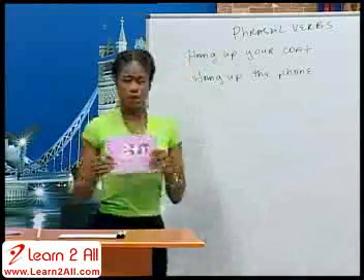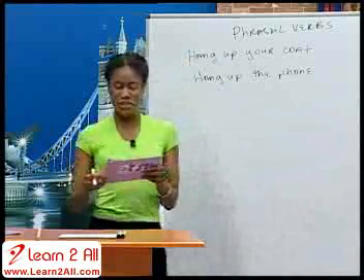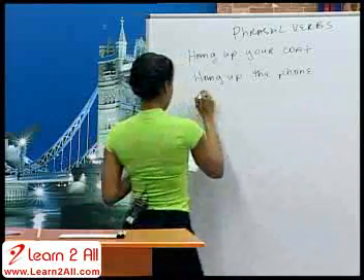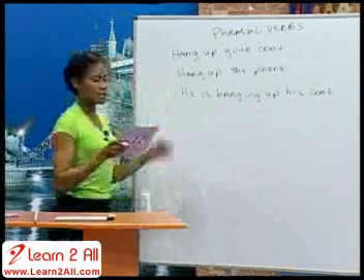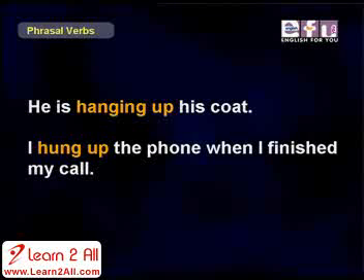Okay, like normal verbs, we use phrasal verbs with different tenses by changing the verb part. For example, he is hanging up his coat. Past tense, I hung up the phone when I finished my call.